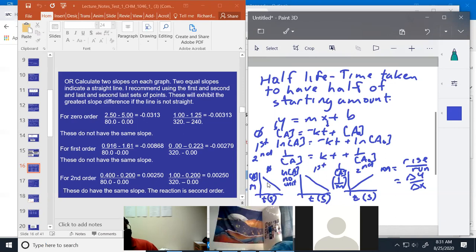The slope unit for zero order is going to be molar per second. For first order, it's going to be per second. And for second order, it's going to be 1 over M seconds.